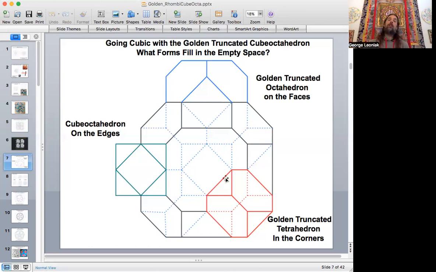So that means when we build the form out of this, we couldn't do this with regular hexagon faces, which you can do this with this kind of conglomeration of a few different forms with the truncated Archimedean solids. You would also create something similar to this with a regular truncated octahedron, but it wouldn't maintain the proportions to actually give you the icosahedron that is inside this, okay? So that's when the golden ratio forms start to show up in this cubic structure.